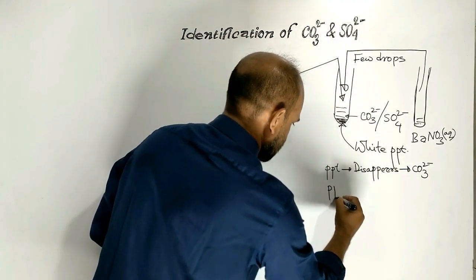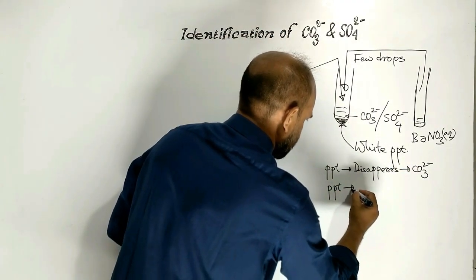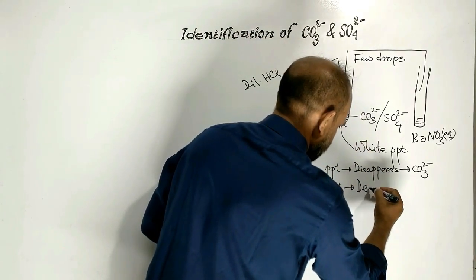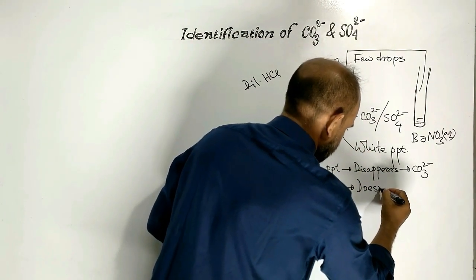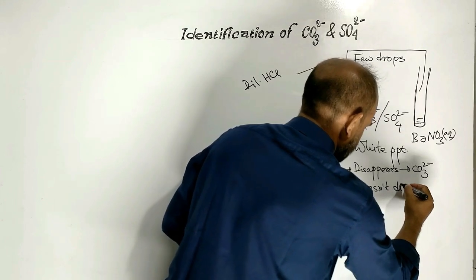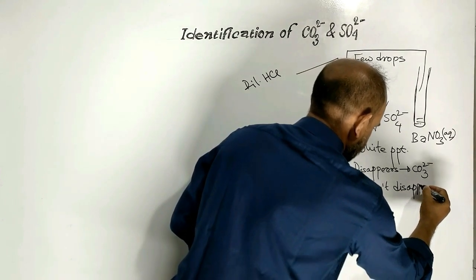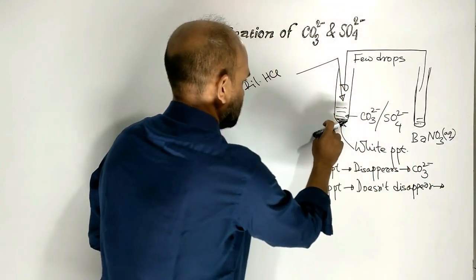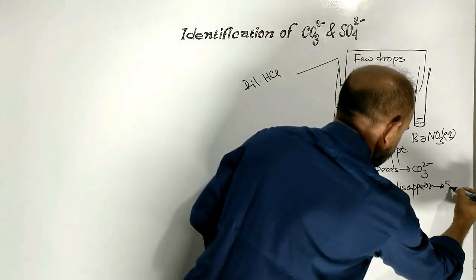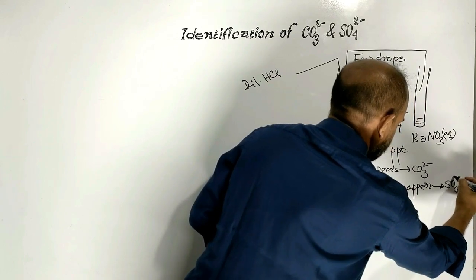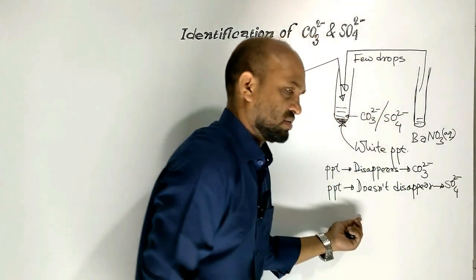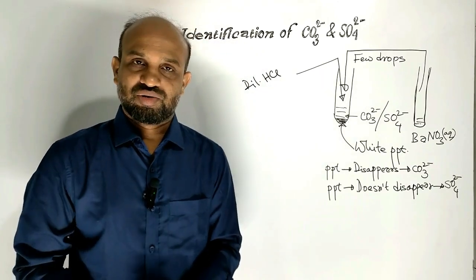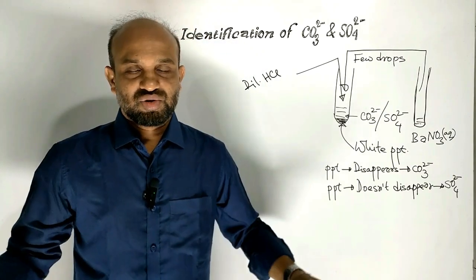But if this precipitate doesn't disappear, then the solution contains sulfate ion. What is the reason behind this? In this lesson, we are going to learn. So, let's go to the detail.